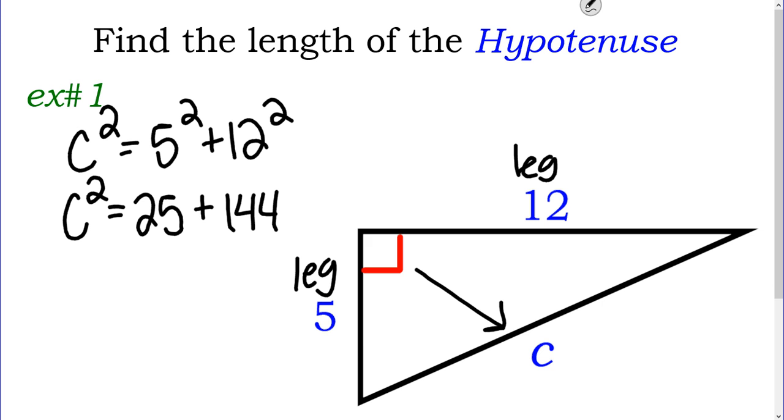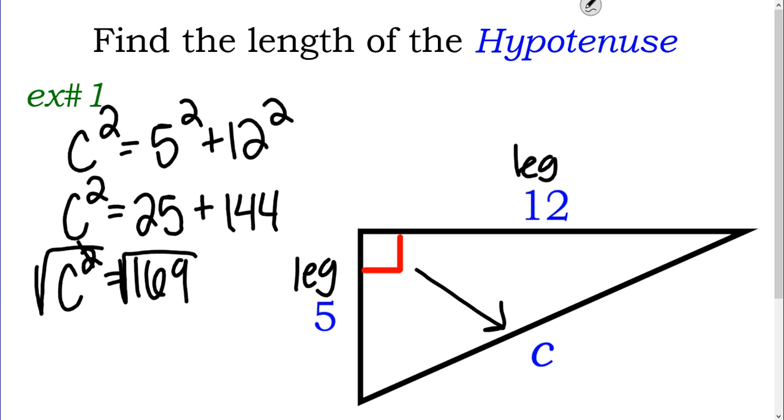And we add those together to get 169. And now we want to get c by itself, so we have to undo the squared by doing the inverse operation, which is taking the square root. If you do something to one side, you have to keep your equation balanced and do it to the other side. And the square root of 169 is 13.